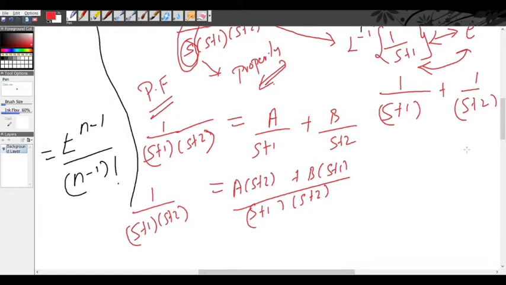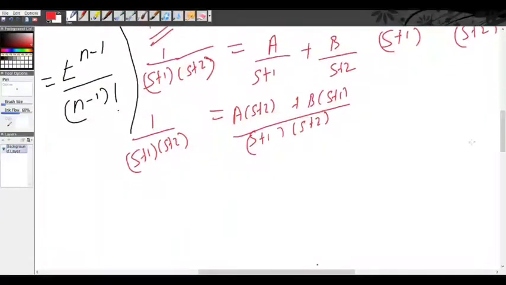How will you do that? Somehow we have to vanish this particular factor. Vanish means make it 0 so that you can find a. Do the same thing with a and you will find b. Try putting s equal to minus 1, so that this gives the value of a as 1.